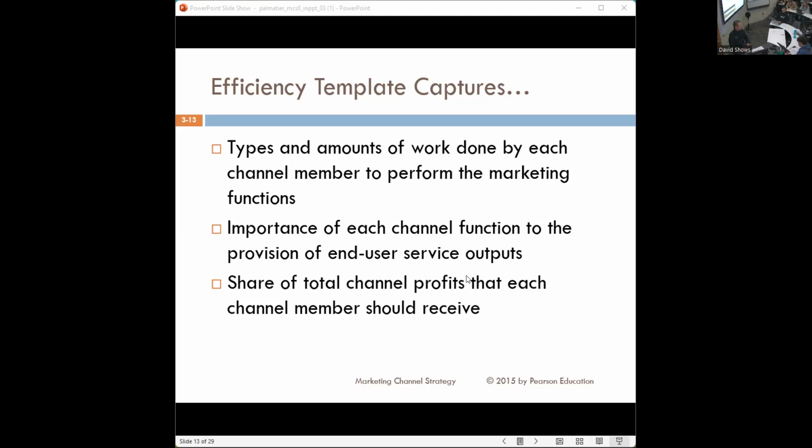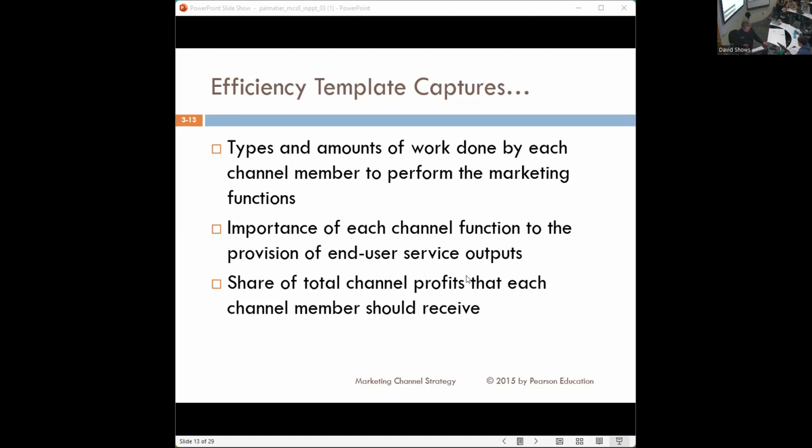We do this for many reasons. One of them is we want to make sure that our partners are treated fairly and equitably. We also want to be able to evaluate whether an individual partner is bringing enough value to the system as they should. These are the critical reasons why we do this. So what do we get out of it?